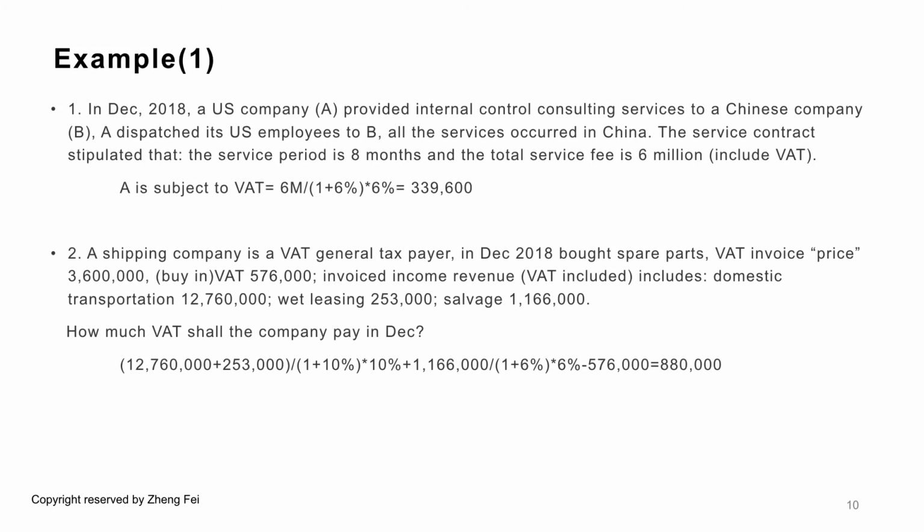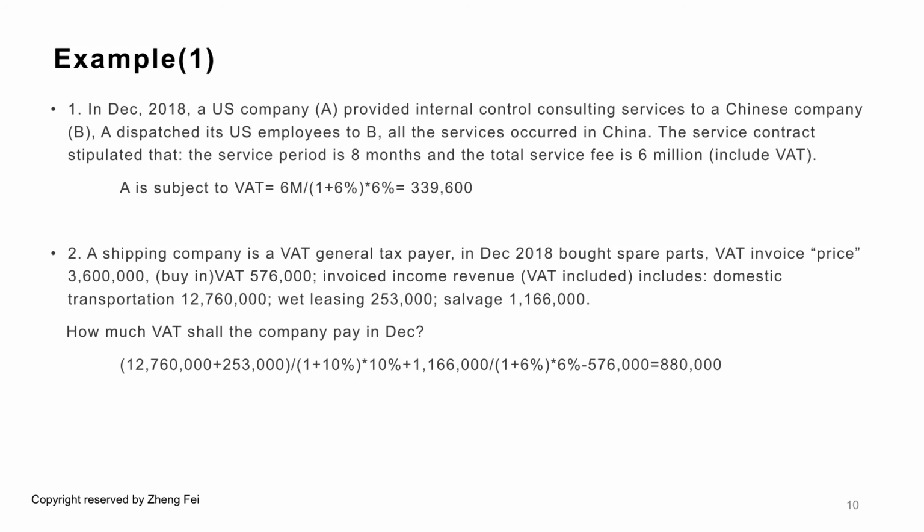And the invoice income revenue includes domestic transportation, wet leasing, and salvage. As such, we could see from the previous categories that the transportation and wet leasing belong to the transportation sector, which had 10% and now it's 9% tax rate.